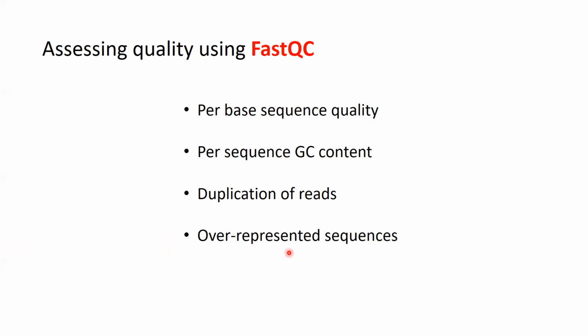Or we could have overrepresented sequences, which could come, for instance, from adapters or from contaminations. So FastQC allows us to look into all these different aspects. And I will not go into detail on each of them. There are quite some tutorials online and also in Galaxy where you can look into how to assess quality of sequencing.